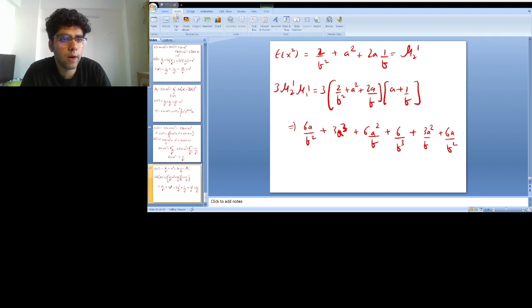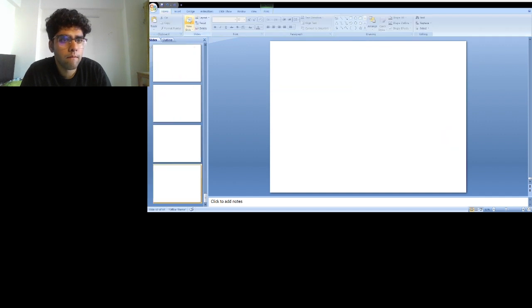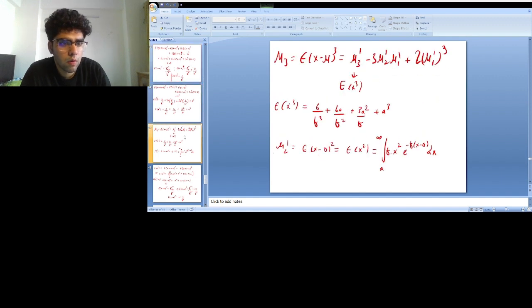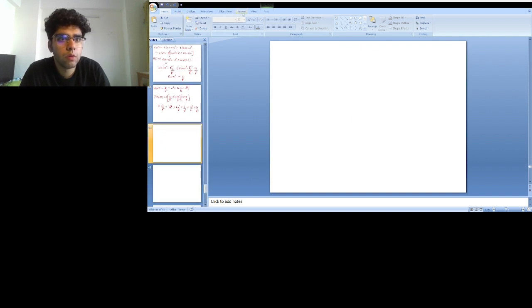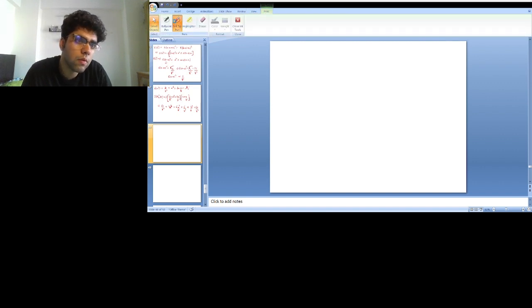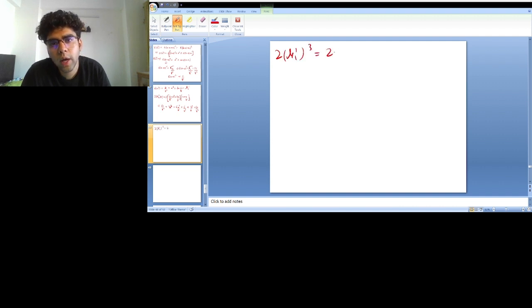Now also we need to find the third term. We need to find this term also. So mu 1 dash is a plus 1 upon b, so the cube of this and 2 times. So this term, 2 mu 1 dash cube, is 2 times a plus 1 upon b cube, which is 2 times a cube plus 1 upon b cube plus 3 times a upon b into a plus 1 upon b.